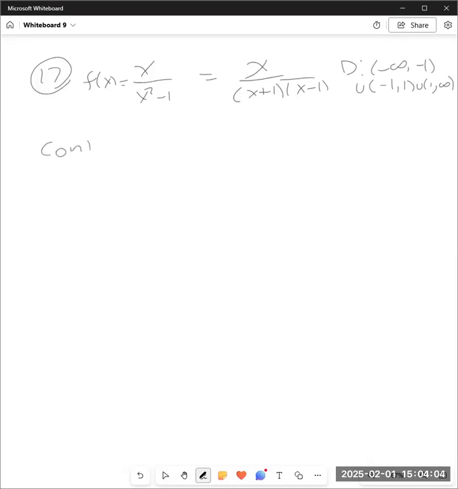So it's continuous on negative infinity to -1, union -1 to 1, union 1 to infinity.